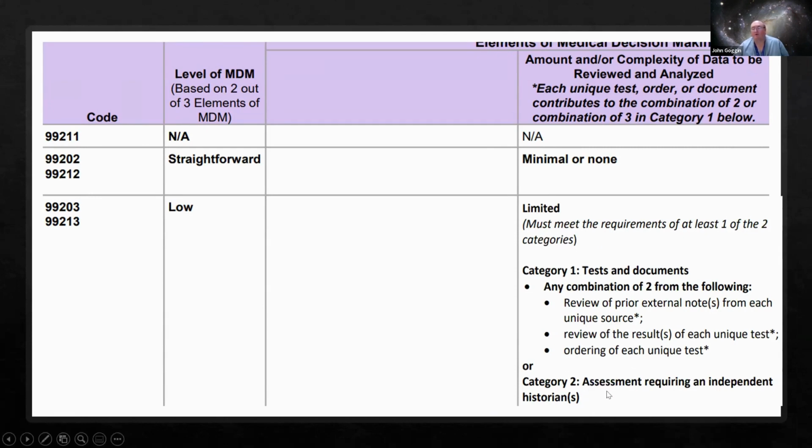Similarly, if it was a young child and they were really not able to tell you what was wrong, and you got the history from the parents, or if there was, again, a complex medical history in a child, and you had to get the history from the parent or proxy. That's what this is talking about.